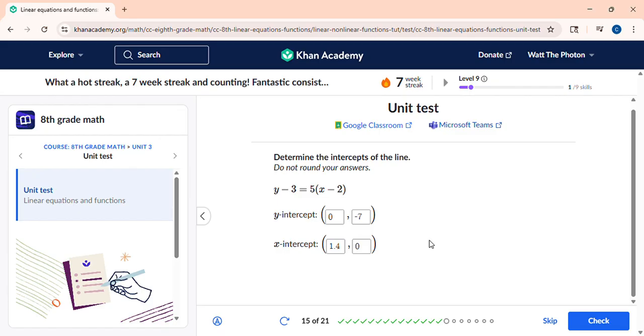And if we put x in, we have 1.4, which will get us negative 1.6 times 5, negative 5, negative 8, equal to minus 2. I think that's right. 1.4 sounds right.